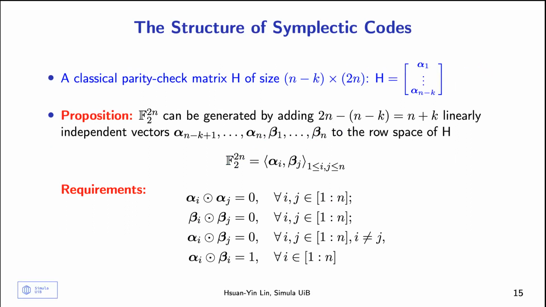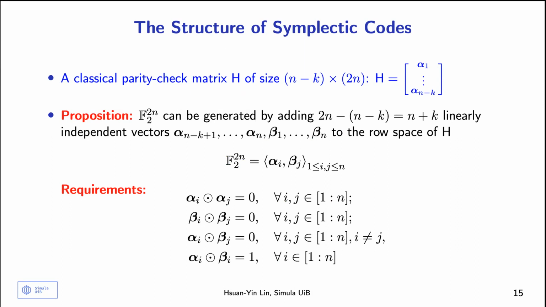So forget how quantum matrices work. You just pick length 2 times n binary vectors like this, and these vectors satisfy this condition. This is called the symplectic inner product. You need to do some symplectic version of the inner product, but it's still a well-defined inner product in a complex space.